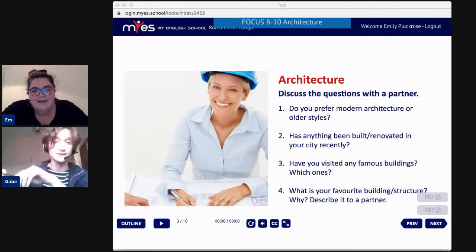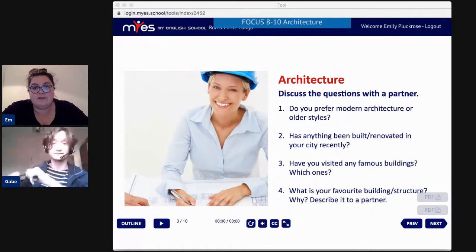Has anything been built in your city? I don't know what you class as your city now, Emily, but Cambridge, I guess. Well, not really, because I would have to talk about Rome, I think, because I haven't lived in Cambridge for so long, or London. It's been 2 years since I was there, so I think maybe we should ask the students this.